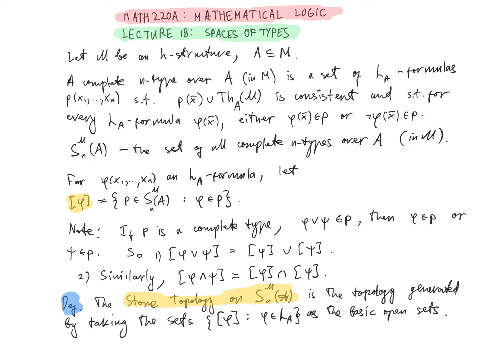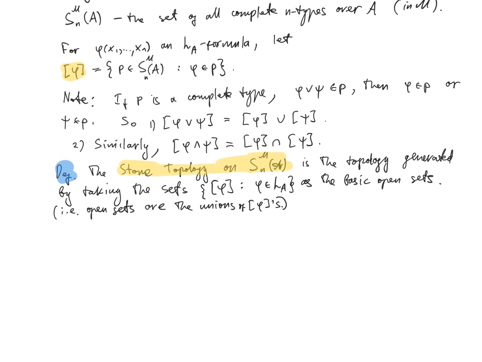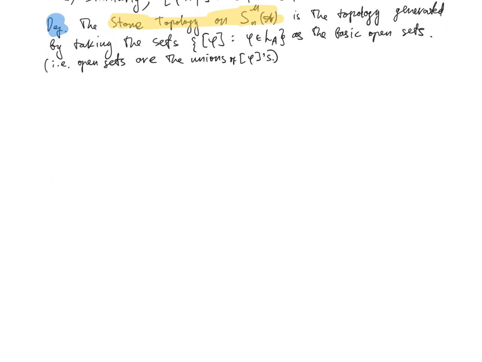So you take the topology generated by these sets. This means that open sets are exactly the unions of possibly infinitely many sets of the form square bracket phi for different phis. We begin by summarizing some of the basic properties of such spaces.